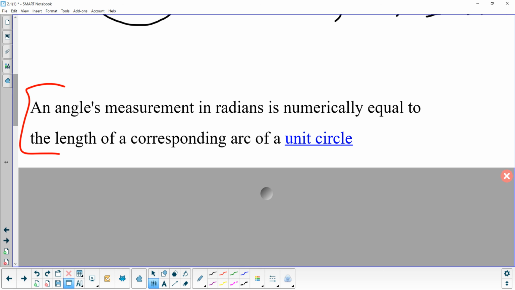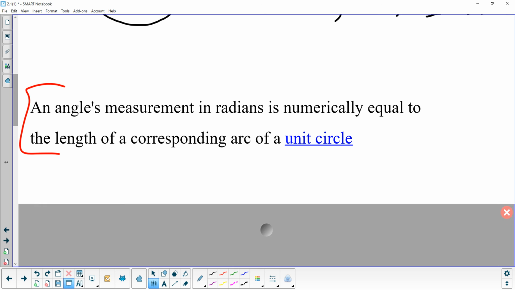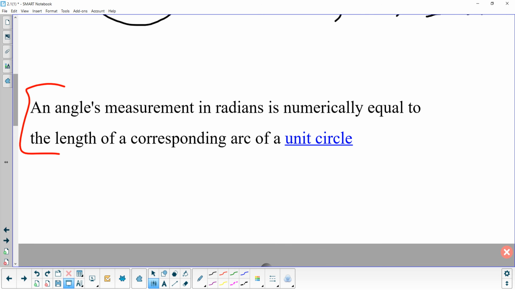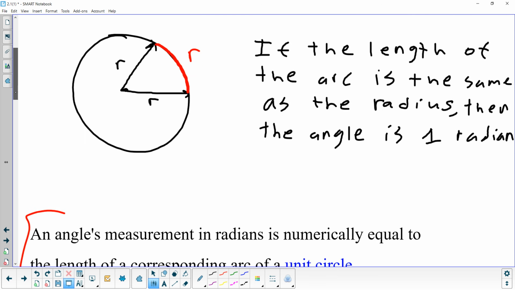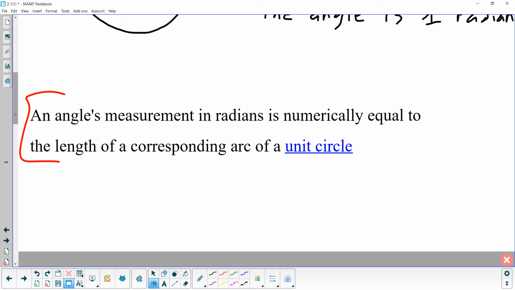Okay, so that says an angle's measurement in radians is numerically equal to the length of the arc on a unit circle. So I explained to you earlier what an arc is. An arc is what I have drawn in red right there. A unit circle is a special circle.